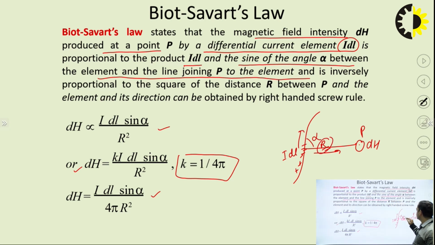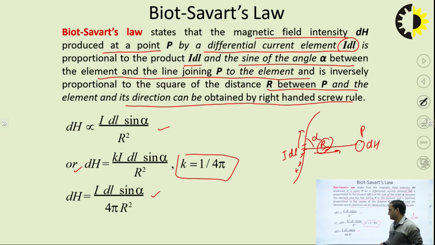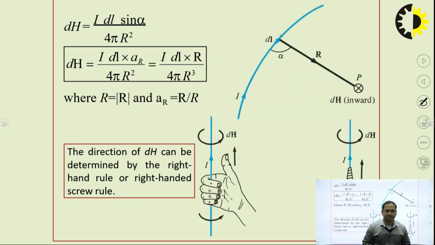This is the line joining, and is inversely proportional to the distance R between P and the element, and its direction can be obtained by the right hand screw rule. So, the direction of this one we will discuss, but the definition must be clear to all of you about the Biot-Savart's law.